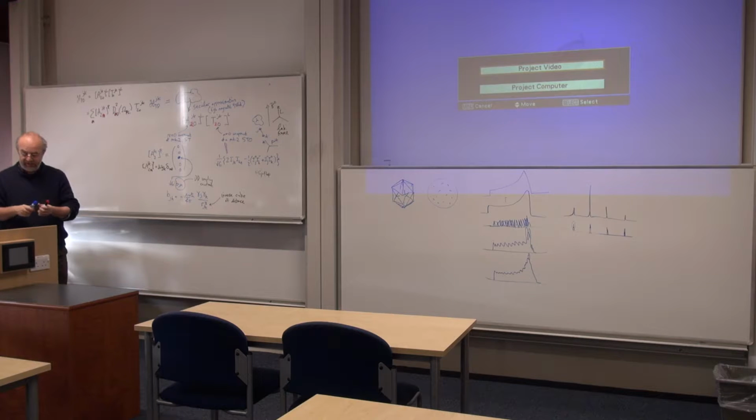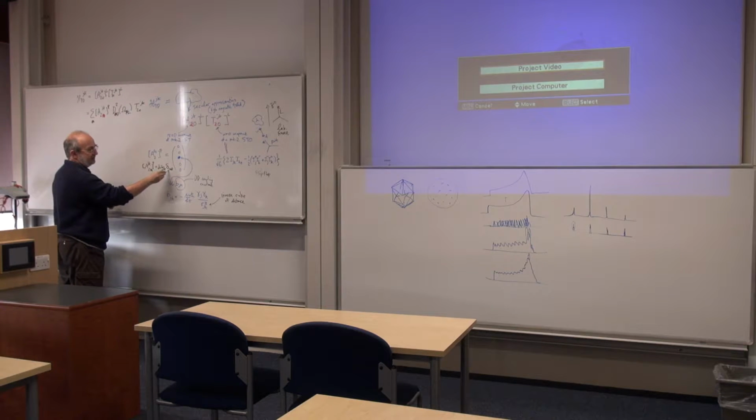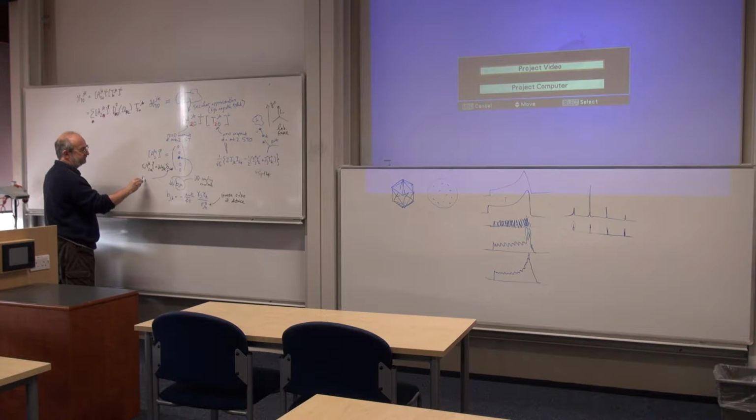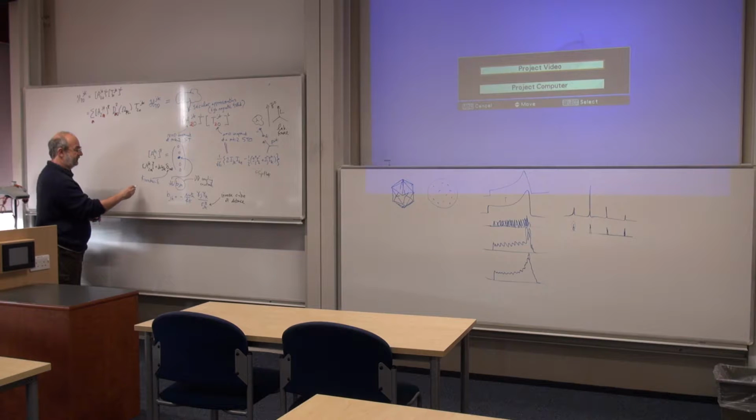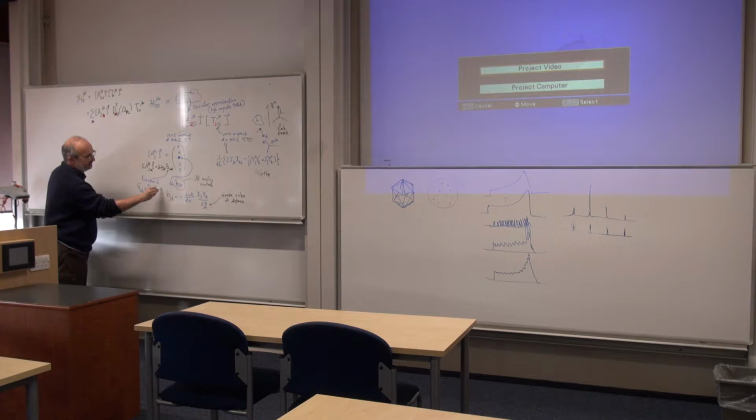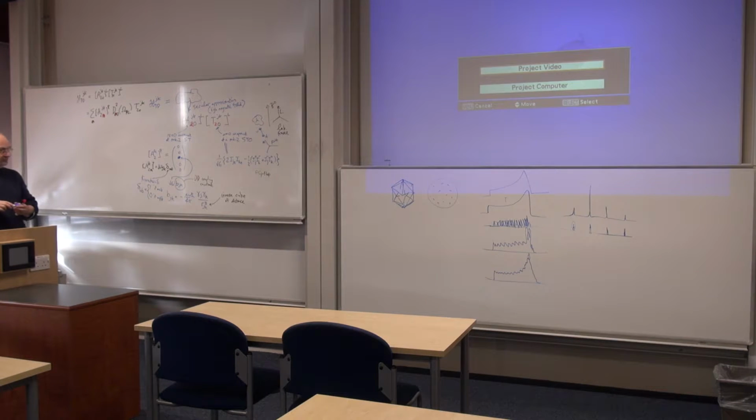Here delta is a symbol called a Kronecker delta. It's often used in theory. Basically, delta AB is 1 if A equals B, and 0 if A not equals B. That's just a symbol often used in theoretical physics.